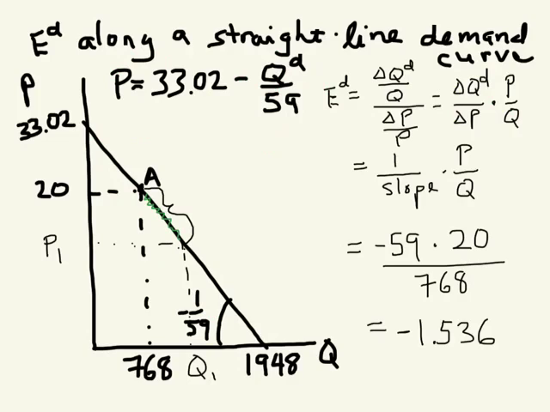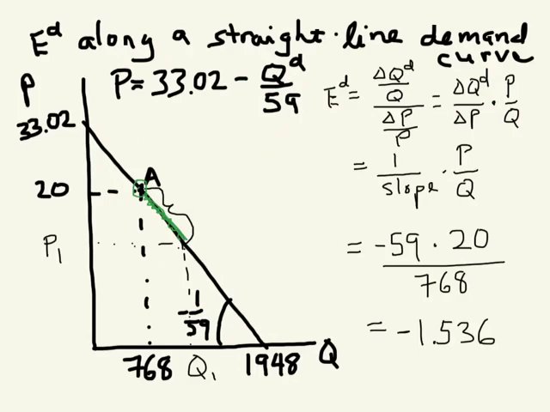But this way of doing it with the point slope just gets you the elasticity right here at this single point. So the elasticity over this big range will be different than the elasticity just at this point.